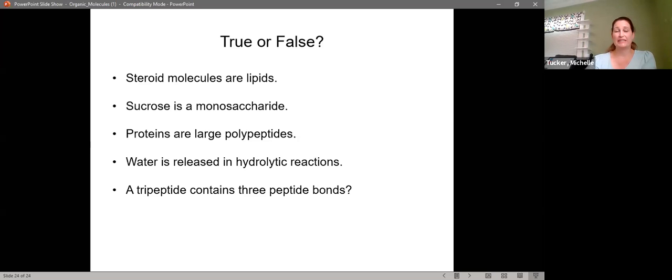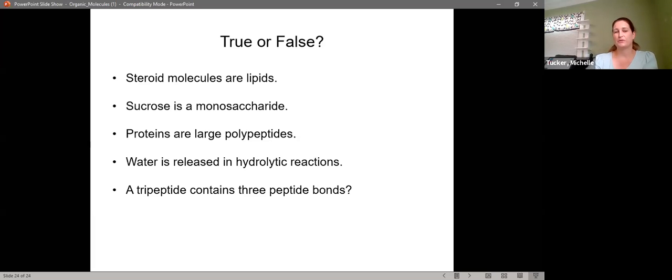Water is released in hydrolytic reactions. So is water released or is it consumed in hydrolysis? Water is consumed in hydrolysis, so this one would be false.